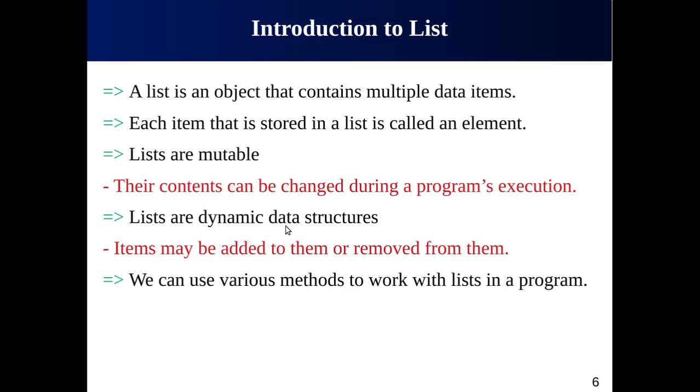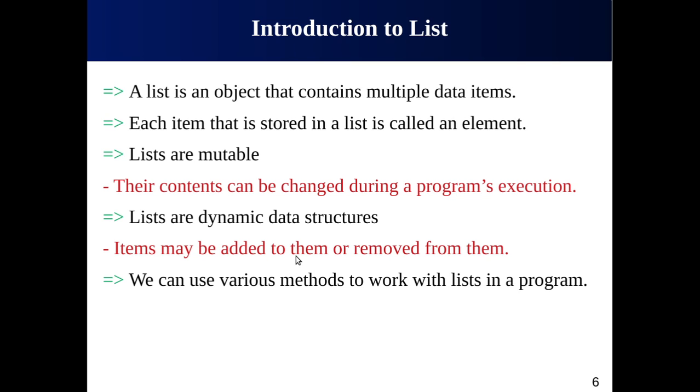And also another important property about the list is that lists are dynamic data structures. Dynamic means that you can add items or remove items from the list during the execution of the program. So we can use various methods to work with the list in a program, and we will see some of the methods in this lecture.